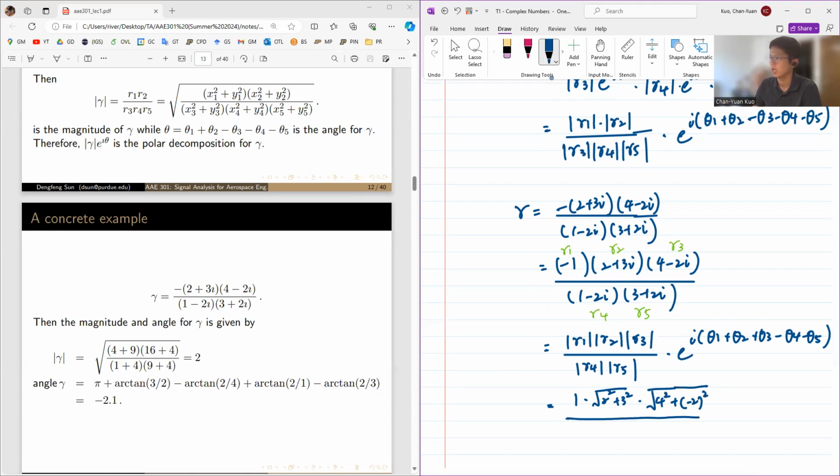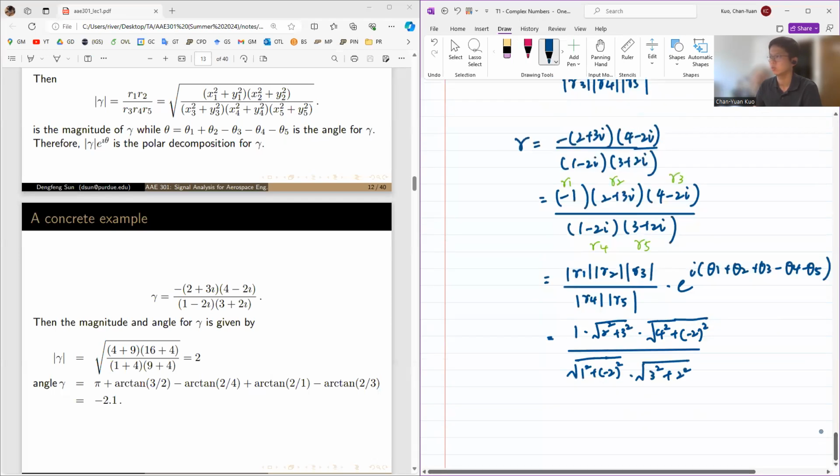Now we divide it by the magnitude of gamma 4, which is square root of 1 squared plus negative 2 squared, times the magnitude of gamma 5, which is square root of 3 squared plus 2 squared. And so here we see that we can cancel out these two terms because they're identical and non-zero.